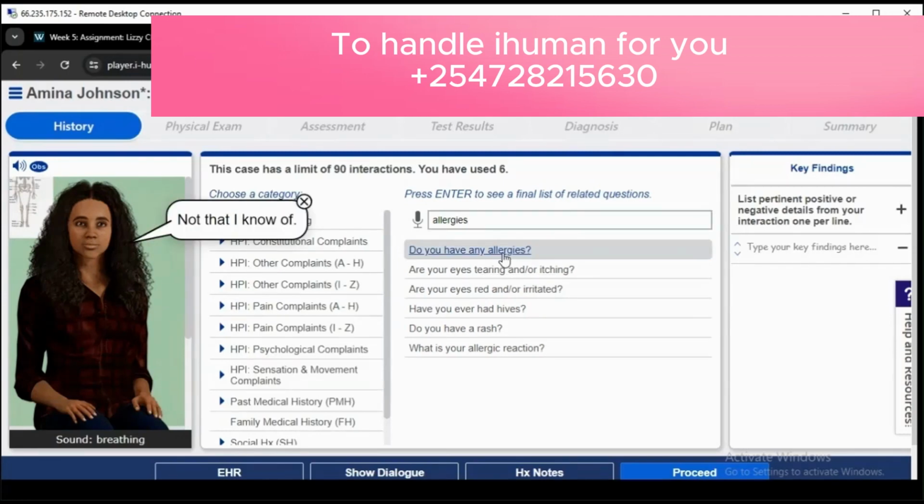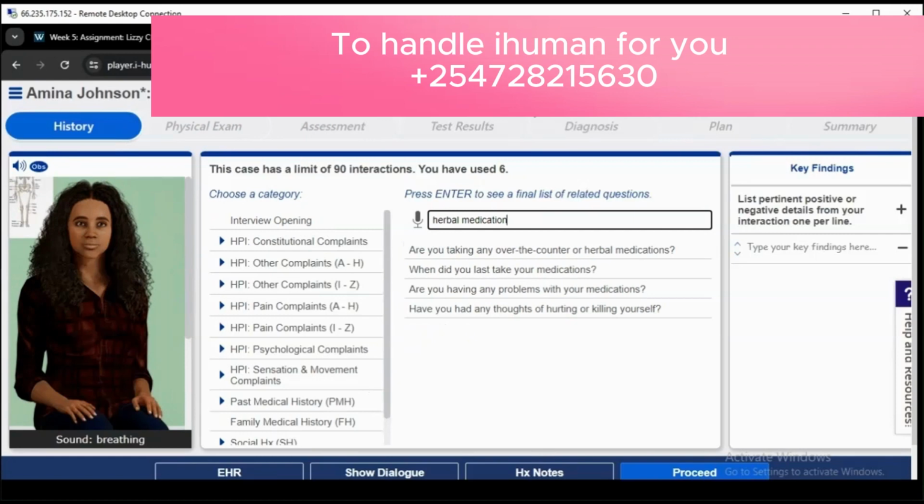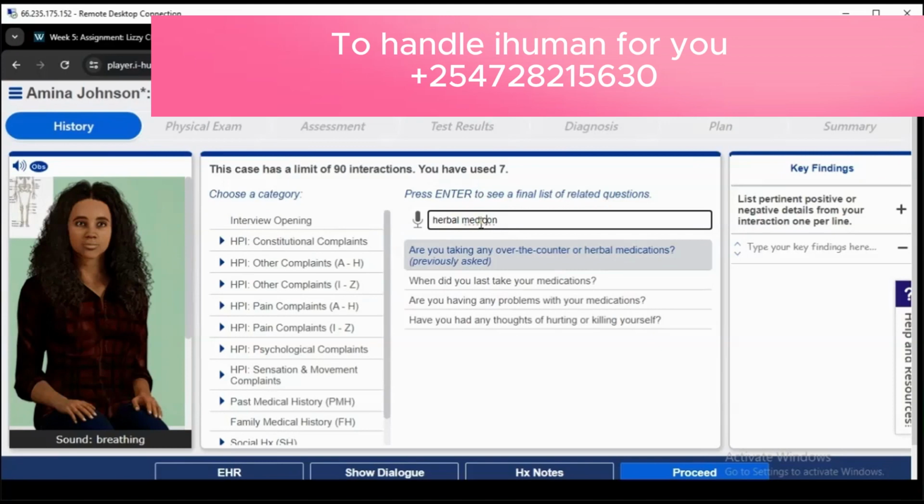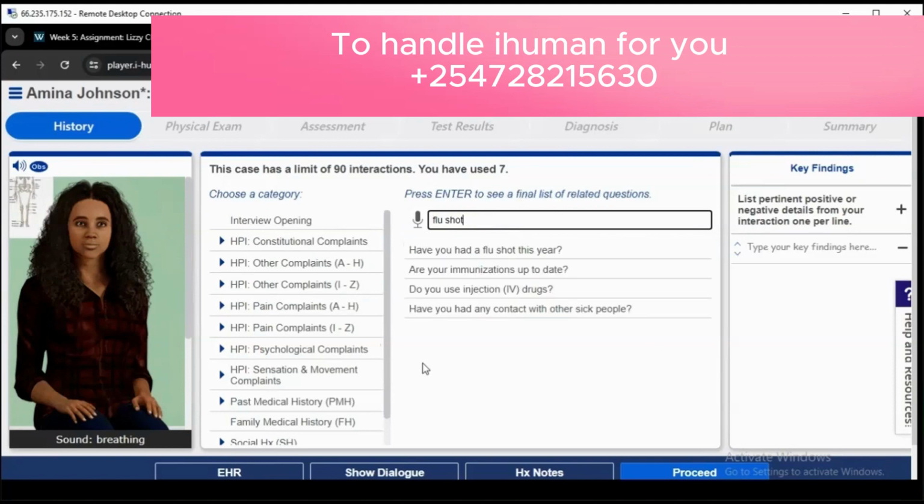For example, you can see when I keyed in the word allergies, I got the question and asked it. Then, when I needed that question, I just used two keywords: herbal medication. And when I needed to know about the patient's flu shot status, I only used two keywords.